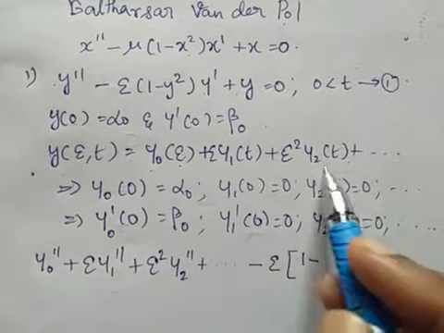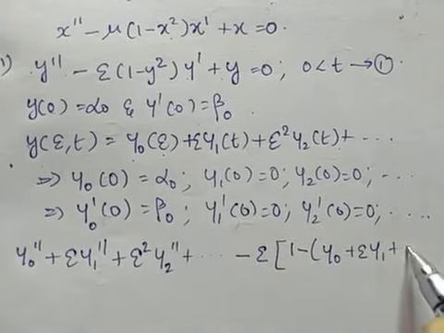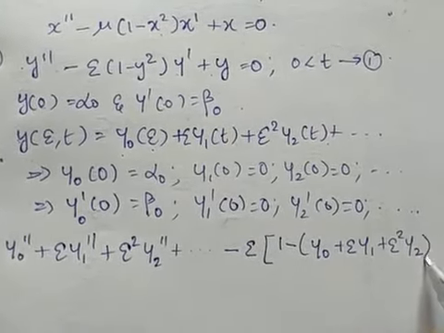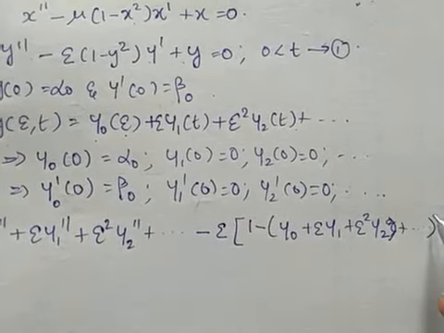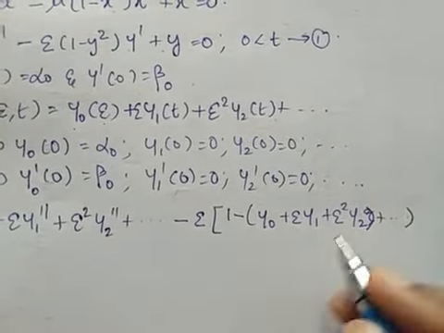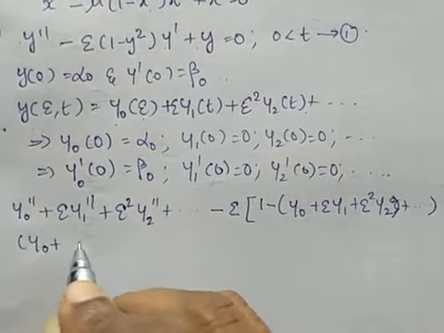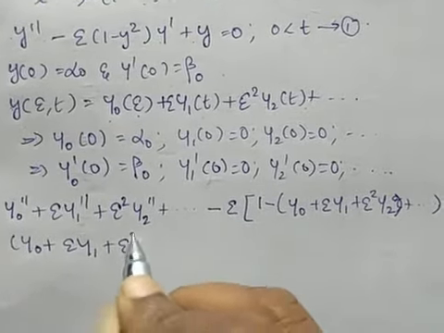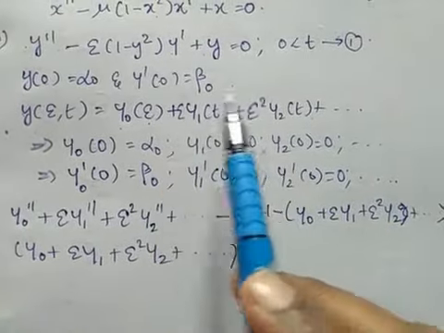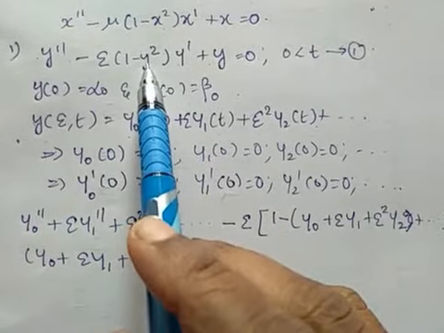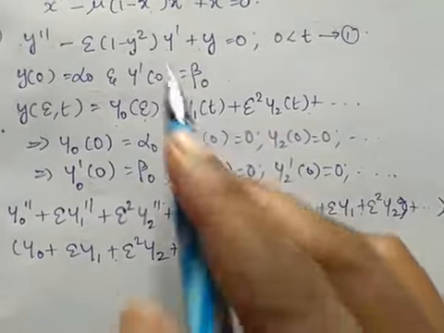Y square means the square of y0 plus epsilon y1 plus epsilon square y2 etc. Instead of the whole square, I will write it as y into y, times y dash.